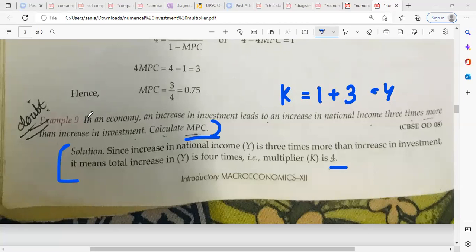Getting the point, girls? You have to write the question and then this part. Because you have K, you can calculate MPC.